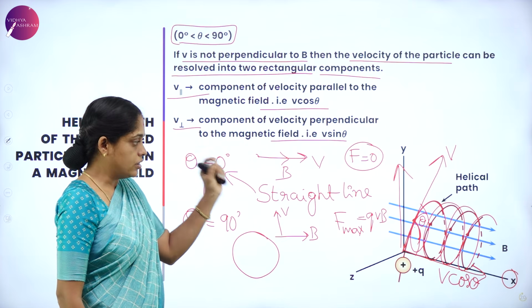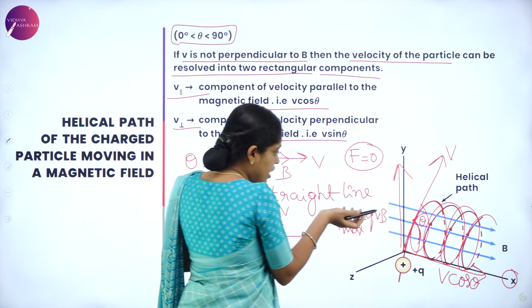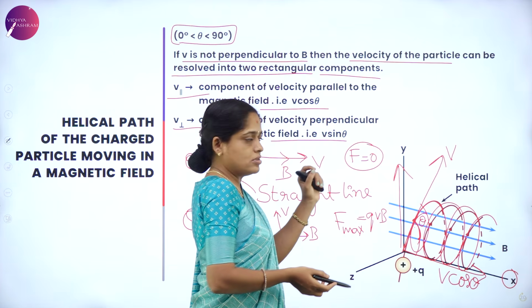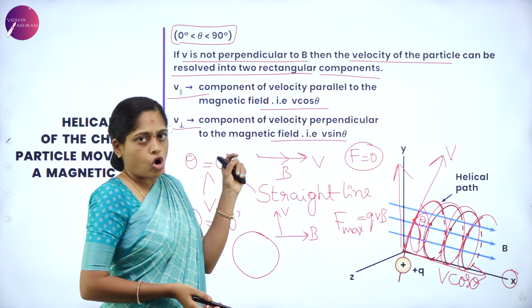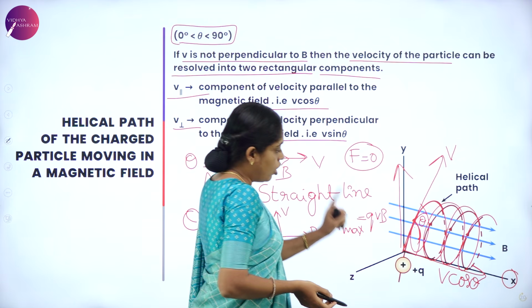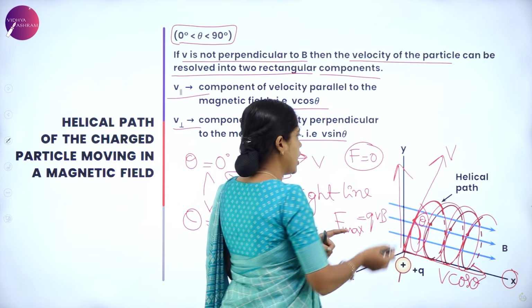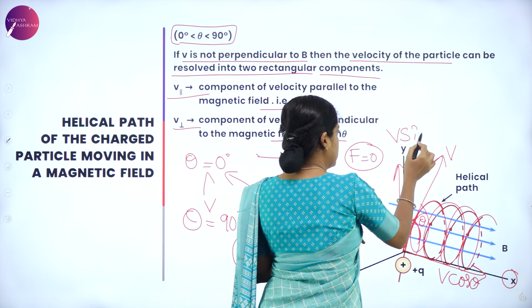If it were with the y-axis, then v cos theta would be along the y-axis. So along the x-axis the component of velocity is v cos theta and along the y-axis the component is v sin theta.